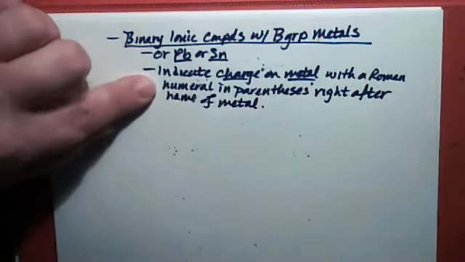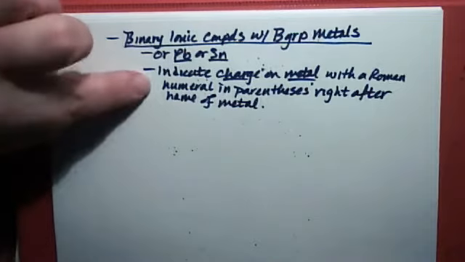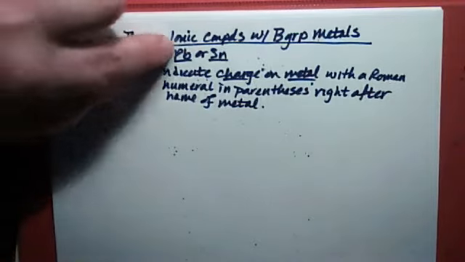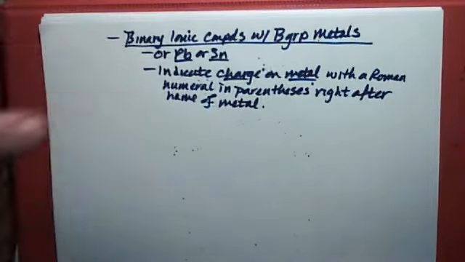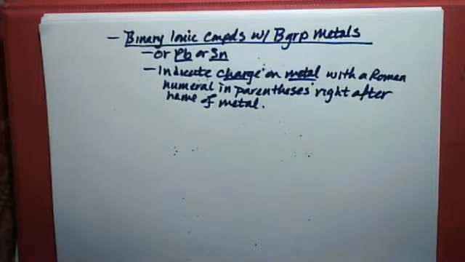And so that is the one difference between naming ionic compounds involving A group metals and B group metals: for a B group metal or lead or tin, you have to indicate the charge on the metal ion as a Roman numeral in parentheses right after the name of the metal.